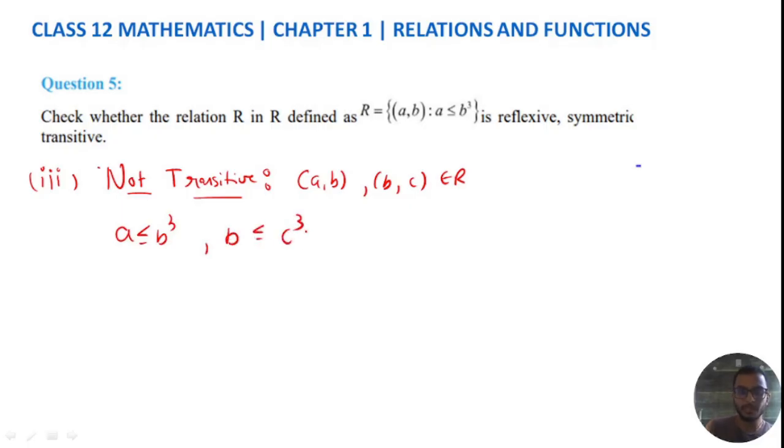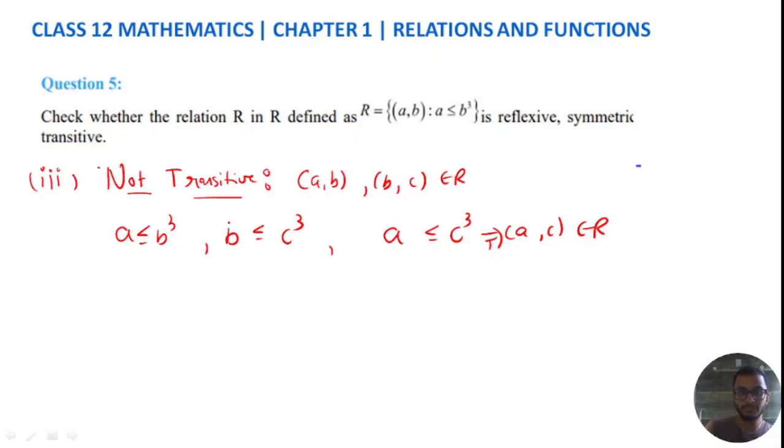But from nowhere are we getting that a is less than or equal to c cube, and only if a is less than or equal to c cube can we say that (a, c) is in R. From these two we are not getting anything from which we can say that a is less than or equal to c cube. This is the intuition behind saying it is not transitive.